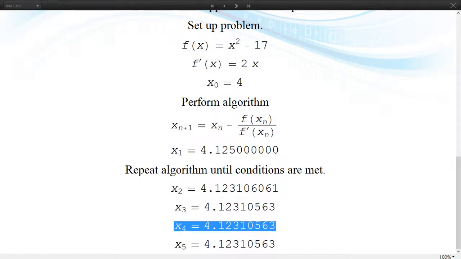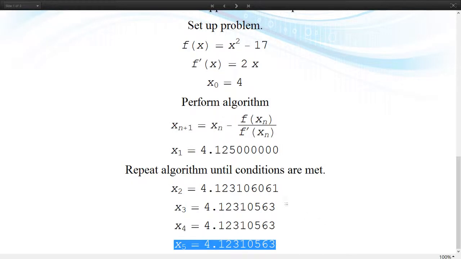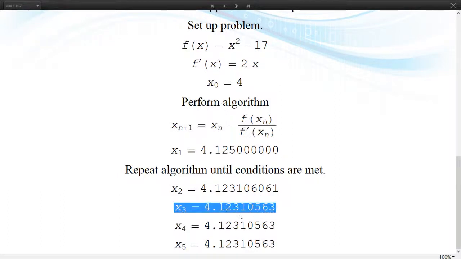And after that, the differences between our values become too small to show. You can tweak the settings of Mathematica and force it to show some things, but the difference is going to be further than 8 decimal places beyond the decimal point, so it doesn't matter after that.